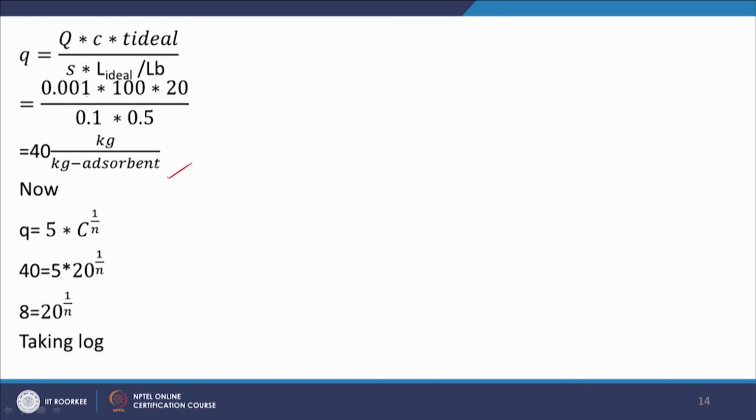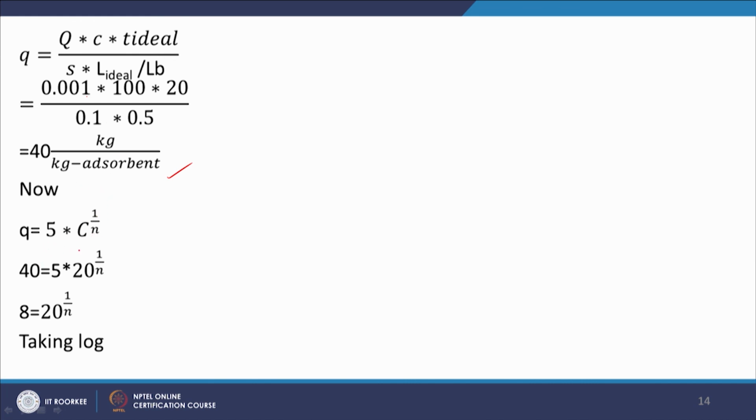For the second case we will use this q value, because the maximum specific uptake determined from the Freundlich isotherm will be the same for both cases. So q is equal to 5 into C to the power 1 by n.